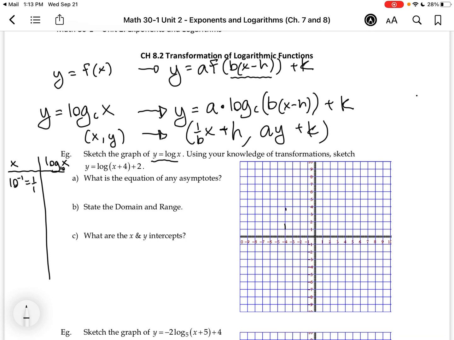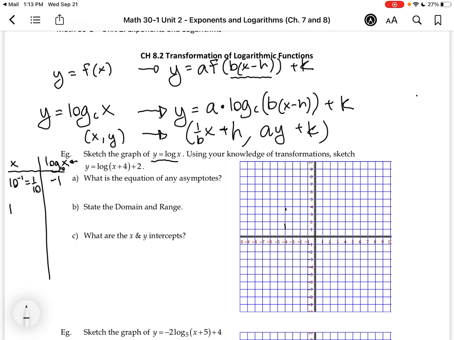which is 1/10. So if I stick a 10 to the negative 1 in here, essentially what I'm saying is 10 to the what equals 10 to the negative 1. And that answer, if you can write the x value as a power of 10, will always just be the exponent. This is going to be negative 1.